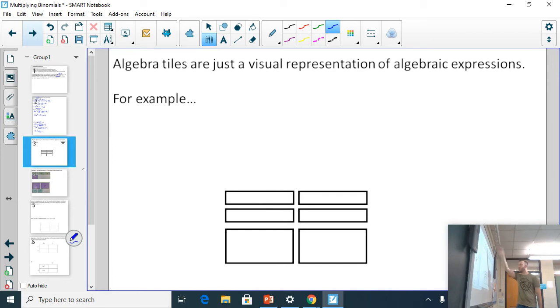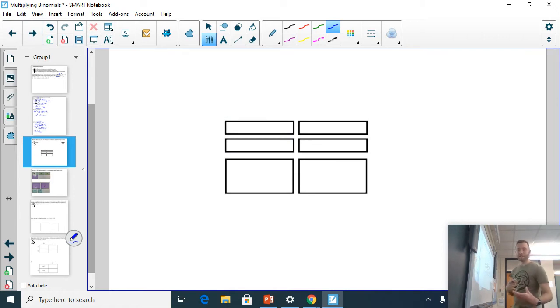So algebra tiles are just a visual representation of an algebraic expression. So for example, and this might be confusing at first, but once we get into some examples, it'll be a little more clear.